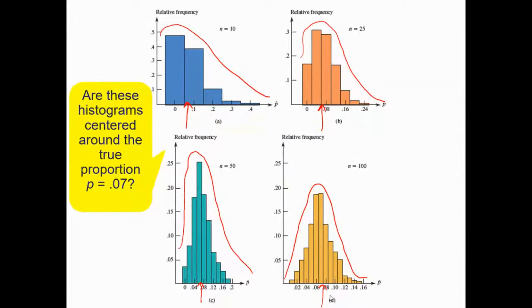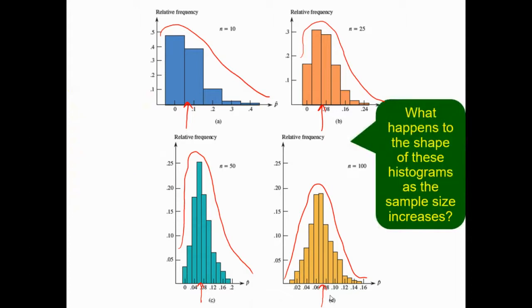So if I try to balance that graph at 0.07, does it look like the graph would approximately balance? Yeah, it does. So we're approximately centered around 0.07, regardless of what sample size we use. Then we said as n increases, we become more and more normal.